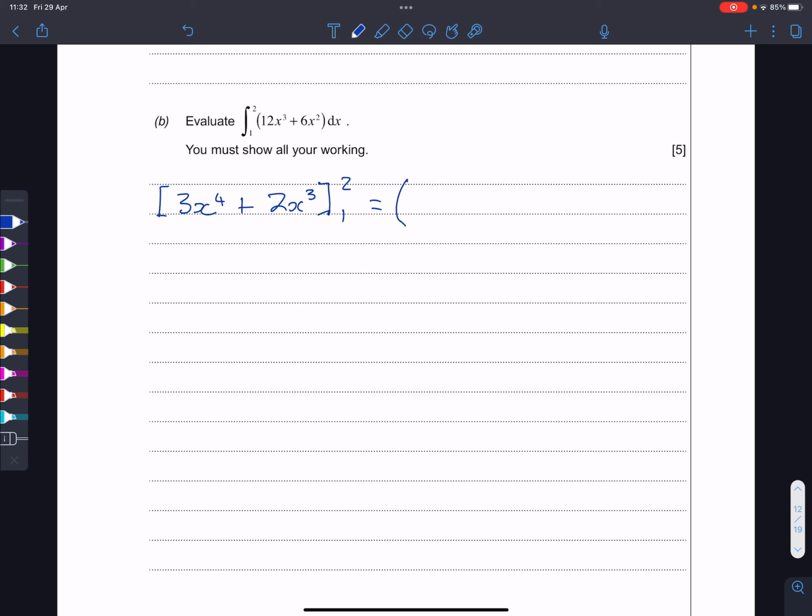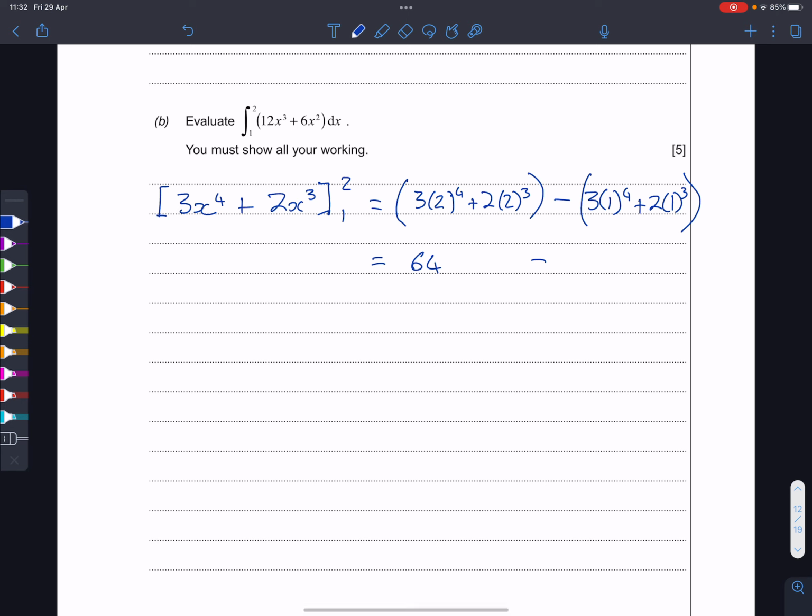Gives us 3 lots of 2 to the 4 plus 2 lots of 2 cubed. And then we're going to subtract what happens when we put the lower limit in. So 3 lots of 1 to the 4 plus 2 lots of 1 cubed, which will give us 3 lots of 2 to the 4 plus 2 lots of 2 cubed is 64.